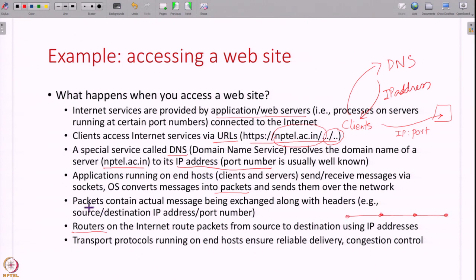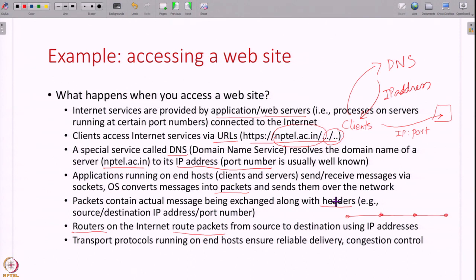That is why the packets, in addition to the actual message, whatever you want to access, a certain course or a video, will also have some headers, like I want this packet to go to so and so IP address, to so and so port number. All of that information will also be there in the packet. Along with the actual message, you will also have the headers, and the routers will route the packets from the source to the destination using the information in these headers.